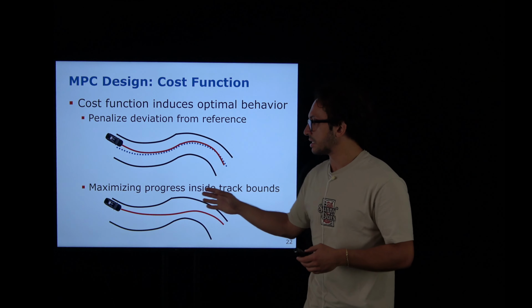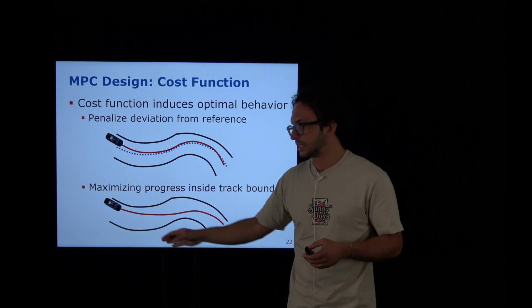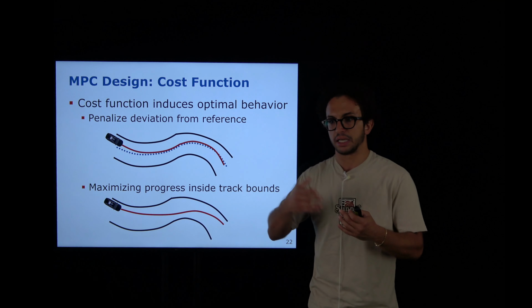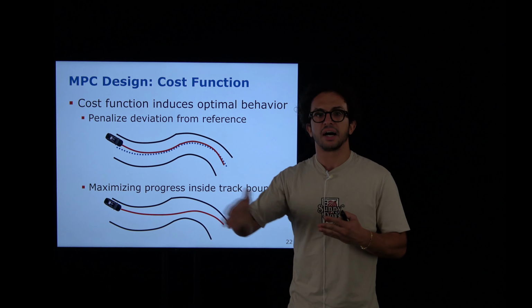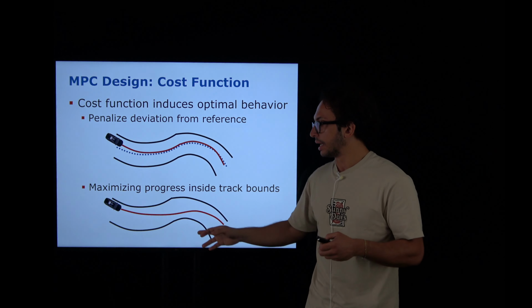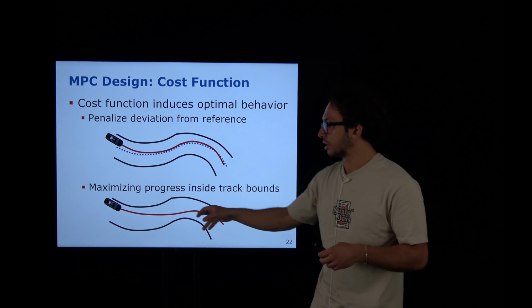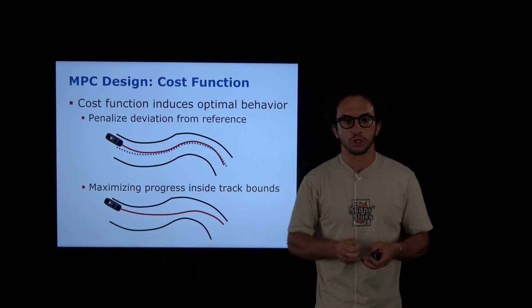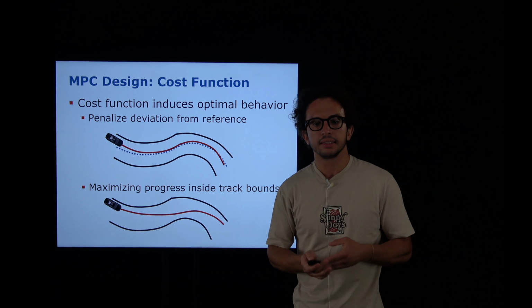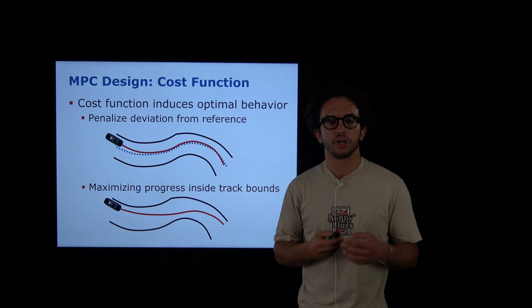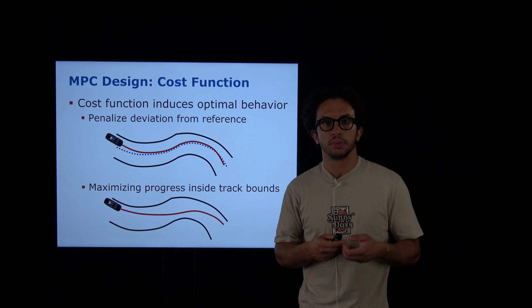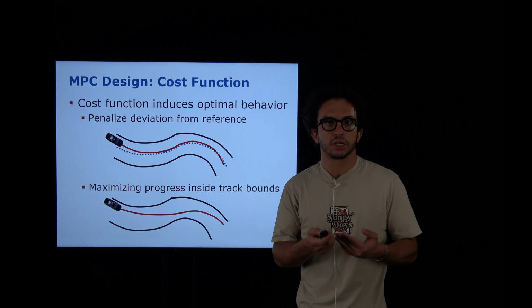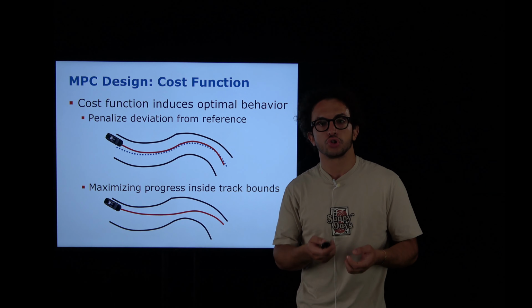Another thing can be maximizing progress inside track bounds. So basically going as fast as possible, not in terms of velocity, but in terms of space, advancing as much as I can. And so we have a different optimal solution in the end. The design is really up to you and whatever your system needs, because it really depends on the kind of system you're trying to control.